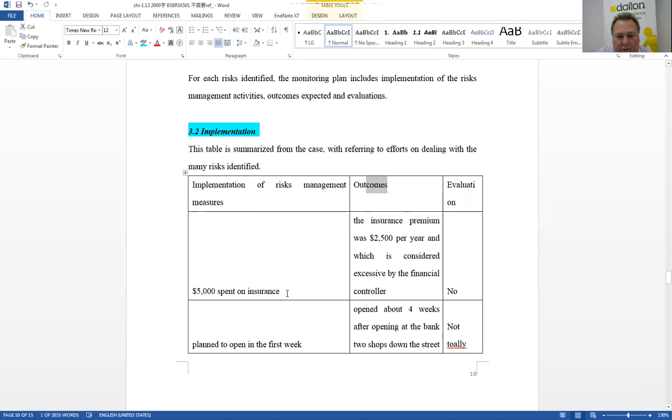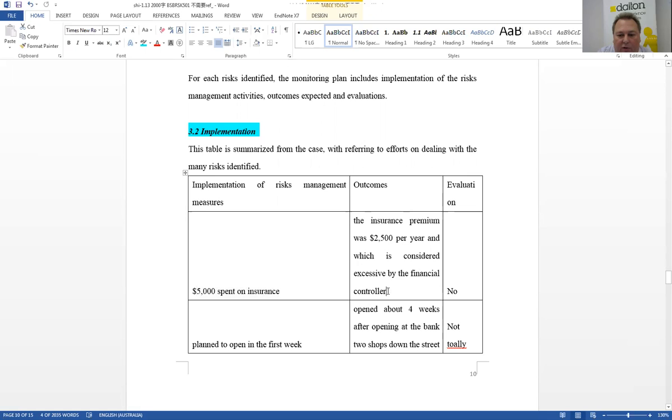So if you note from the case study, $5,000 was spent on insurance. It's a risk management measure that was implemented, introduced. The outcome, the insurance premium was $2,500 per year, which is considered excessive by a financial controller.